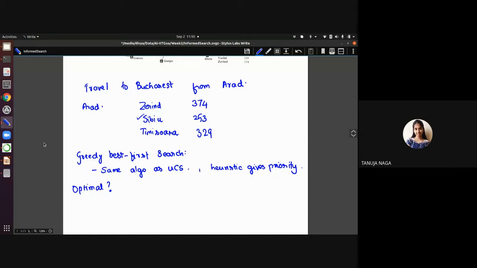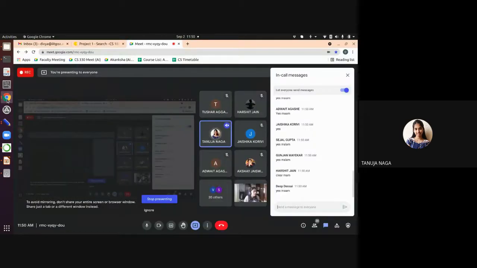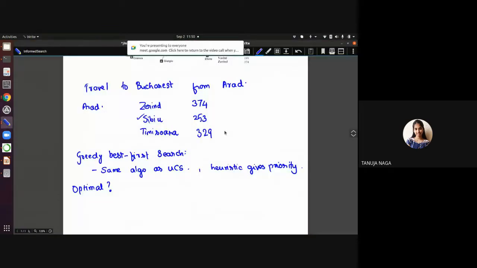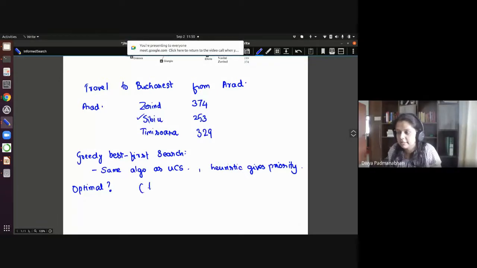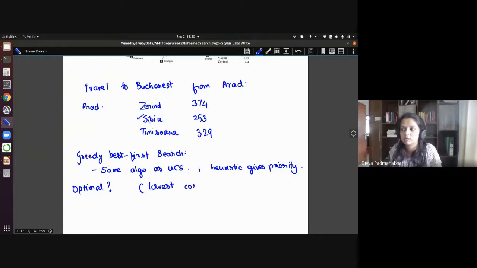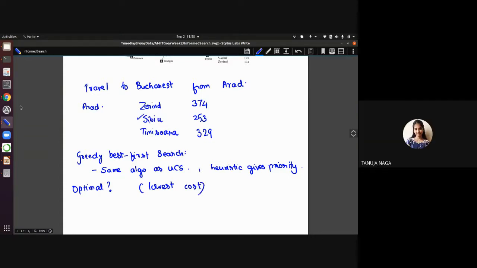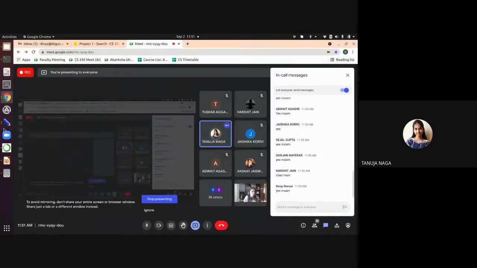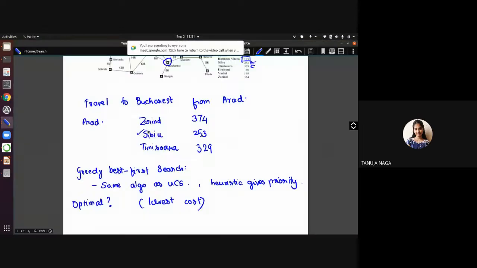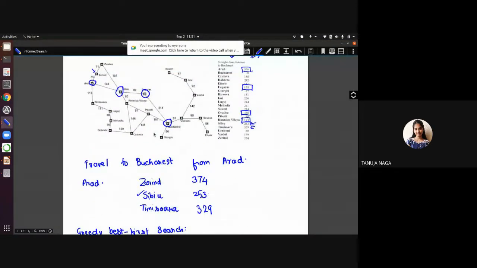Ma'am, optimal in the sense, are you talking about the least distance, the shortest path? Yes, the lowest cost path, the set of actions with the lowest costs. I think there is one more route, if we consider the weights. From Arad to Sibiu, from Sibiu we can go to Rimnicu Vilcea, and that costs less than the path we have followed.